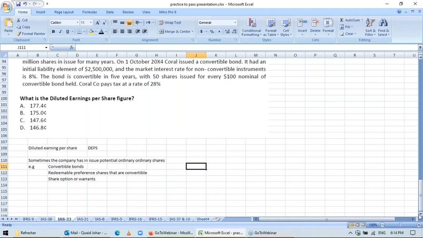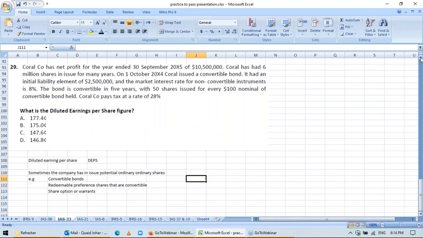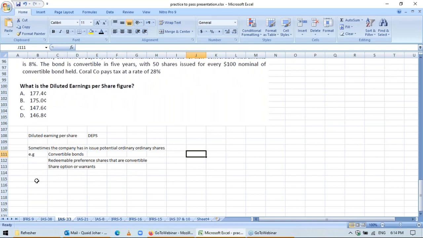So what is the procedure for this calculation of diluted earnings per share? Two things will happen in case of diluted earnings per share. So the normal EPS formula is the net profit divided by the weighted average ordinary shares, right?